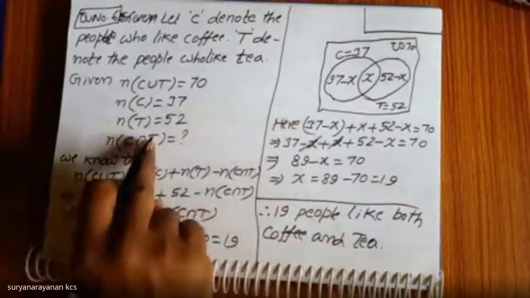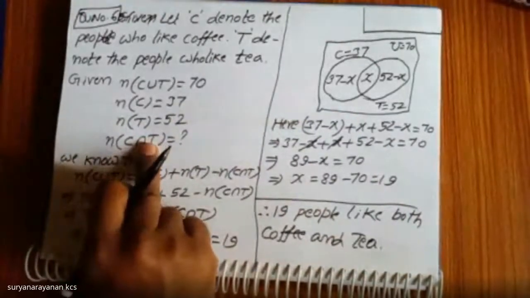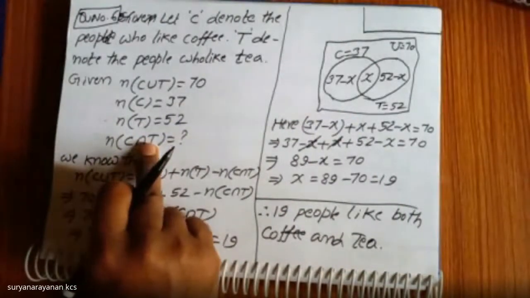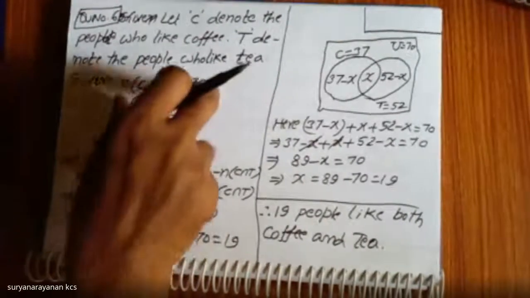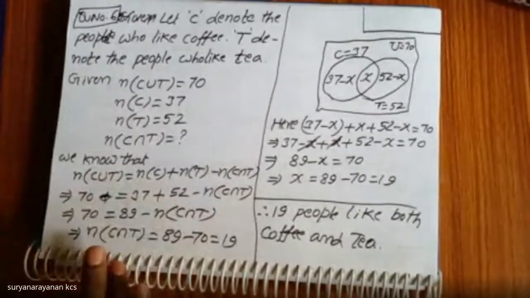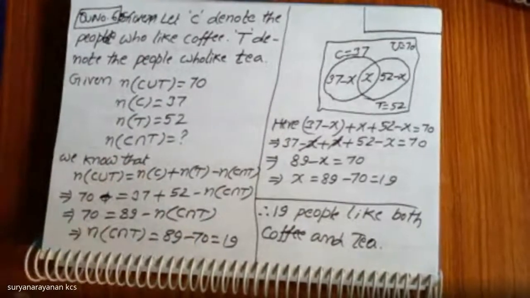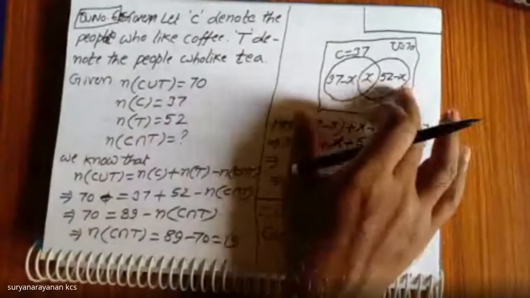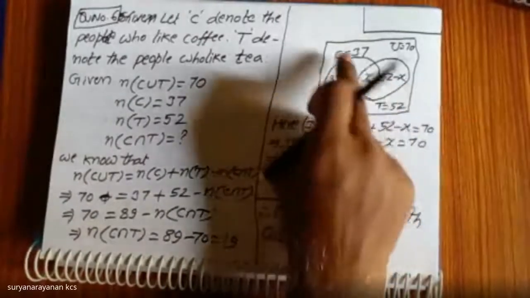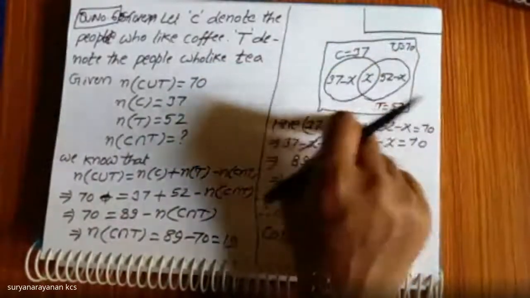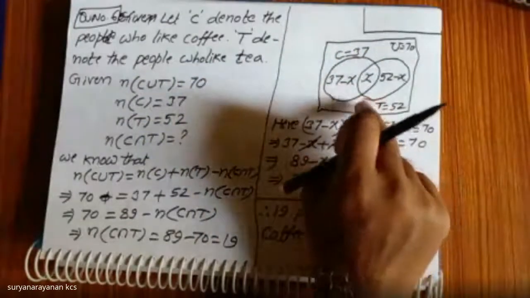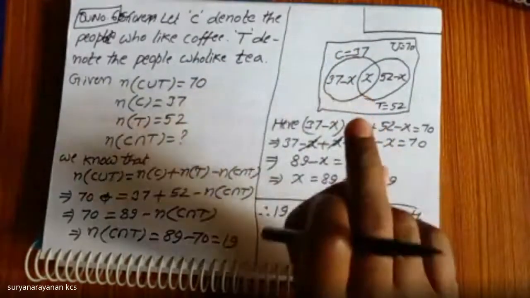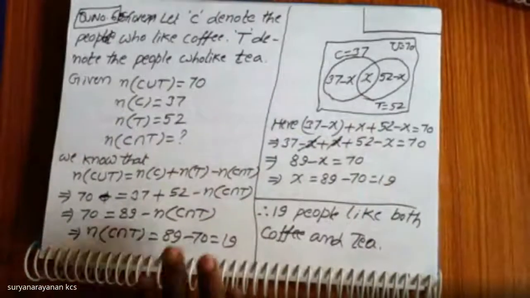But if you want to follow this method, no need to show Venn diagram. It is not compulsory. In this method, you can follow these steps directly. No need to draw Venn diagram. But in this method, you are purely depending on this Venn diagram. So this Venn diagram is a must. Okay, my dear children? Right.